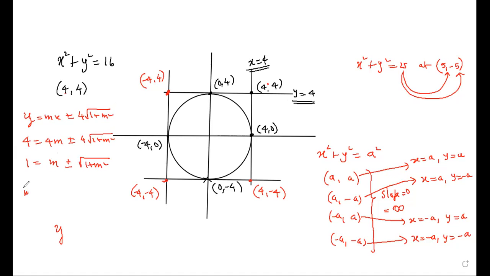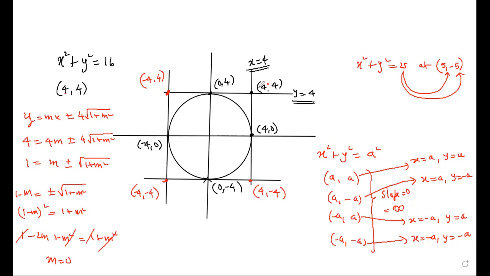When I take m to the other side and square it, the m square will go away. When you expand this, you'll get 1 minus 2m plus m square equal to 1 plus m square. And 1 also goes. So you get m as 0.